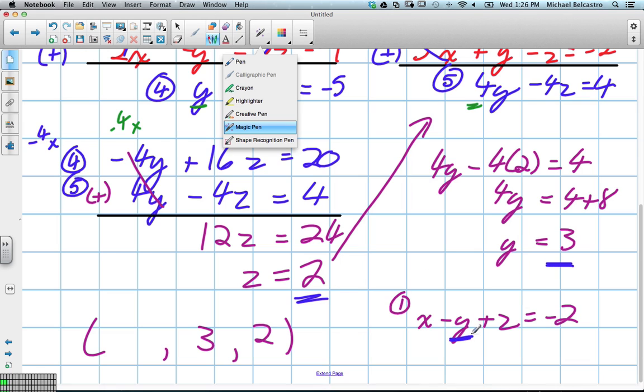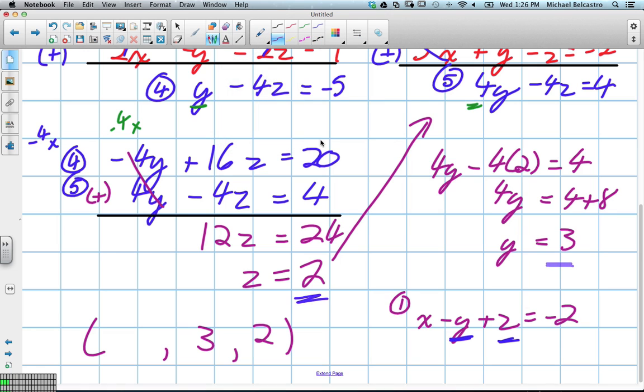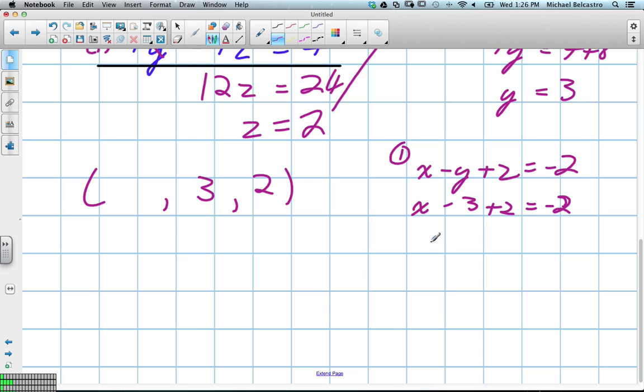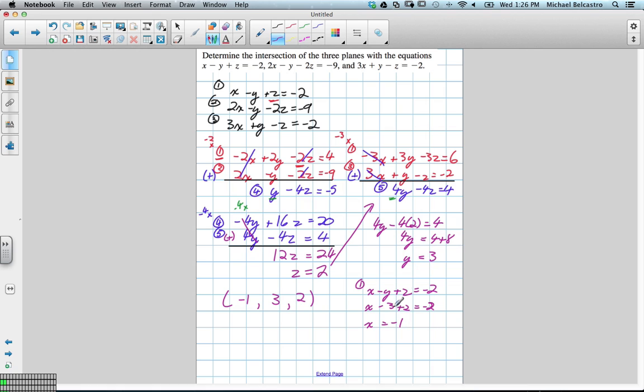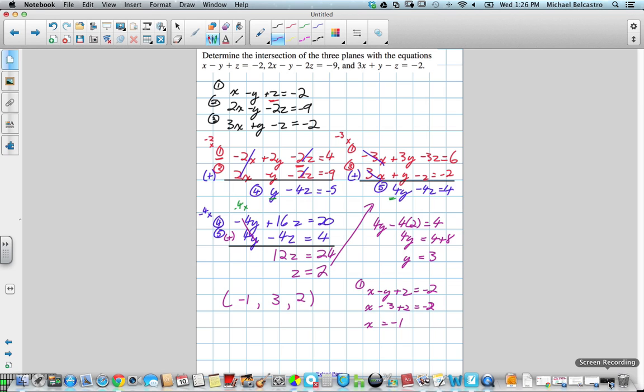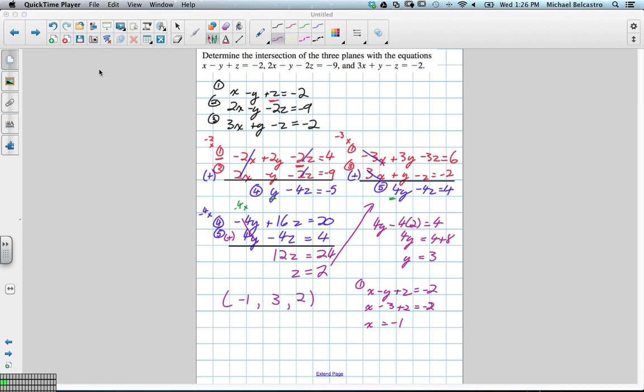So y is 3, z is 2. We'll plug it in to solve for x. X minus 3 plus 2 equals -2, which means we have an x value of -1. Okay. So our coordinate in space here, these three planes connect at a specific coordinate, not at a line.